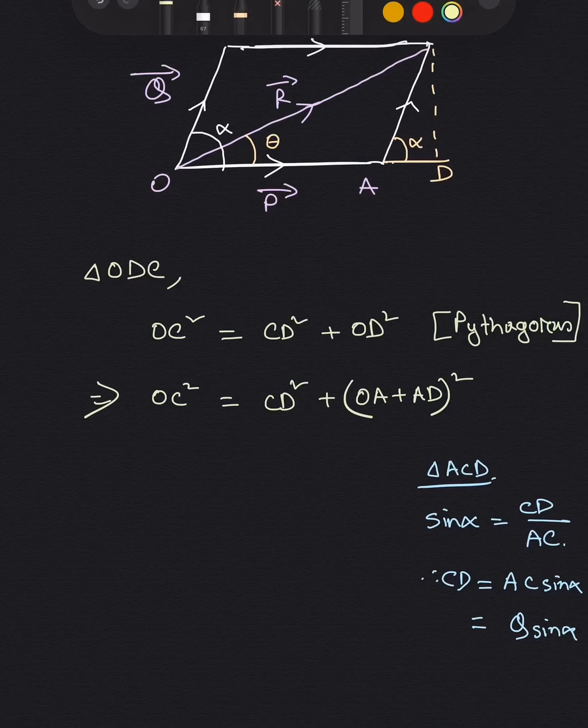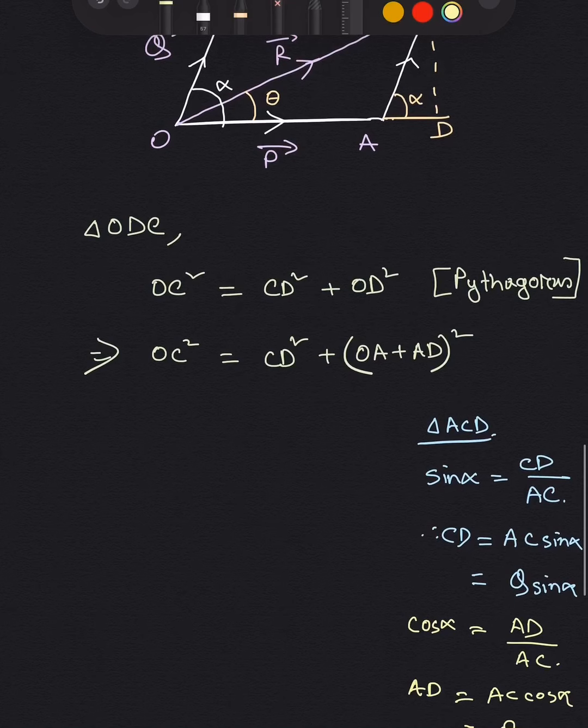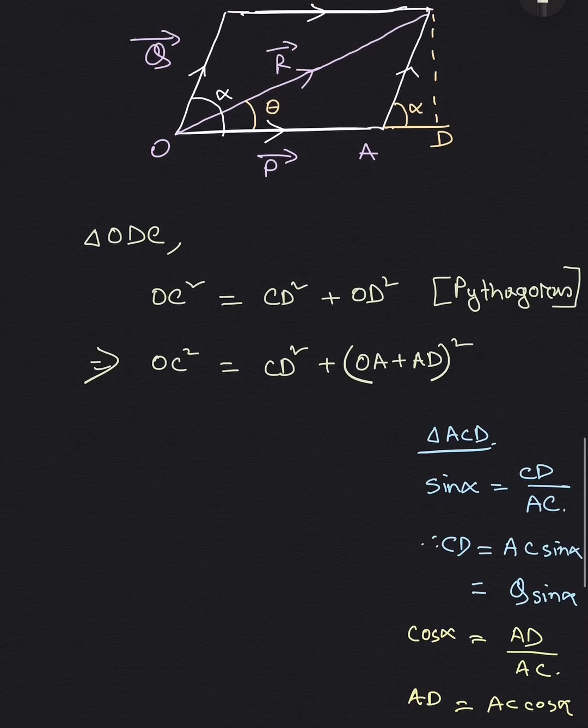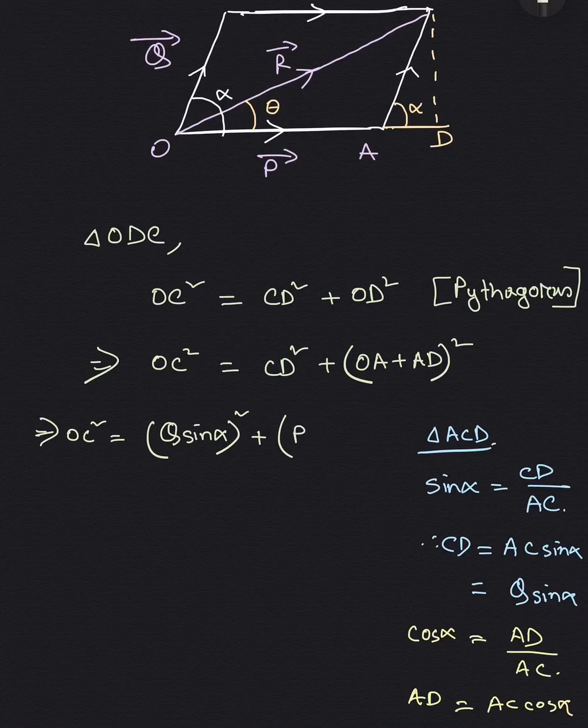Again, we get from this triangle cos alpha equals base by hypotenuse, which is AD divided by AC, or AD equals AC cos alpha, or AC is denoted by what? Q. So AD equals Q cos alpha. Therefore, we get OC square equals (Q sine alpha) square plus (OA, which is denoted by P vector, plus AD, which is Q cos alpha) square.